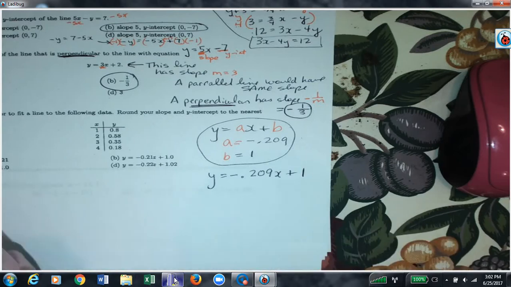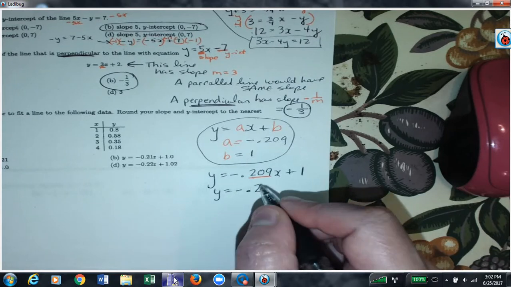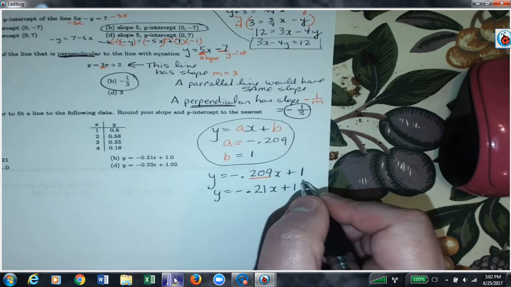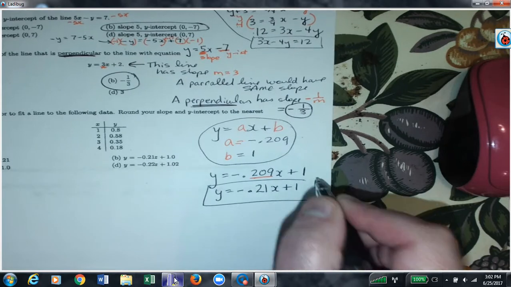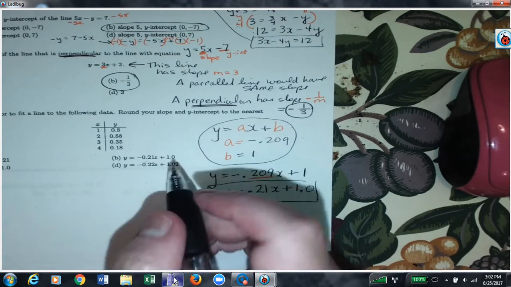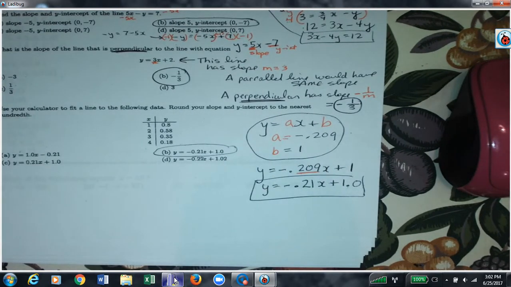So if I round this to 2 decimal places, well, that's a 9, so that gets bumped up to a 1. So that's what I'm looking for. Okay, and 1 is the same thing as 1.0, so here it is. That is what I want. So my answer for number 22 is B.